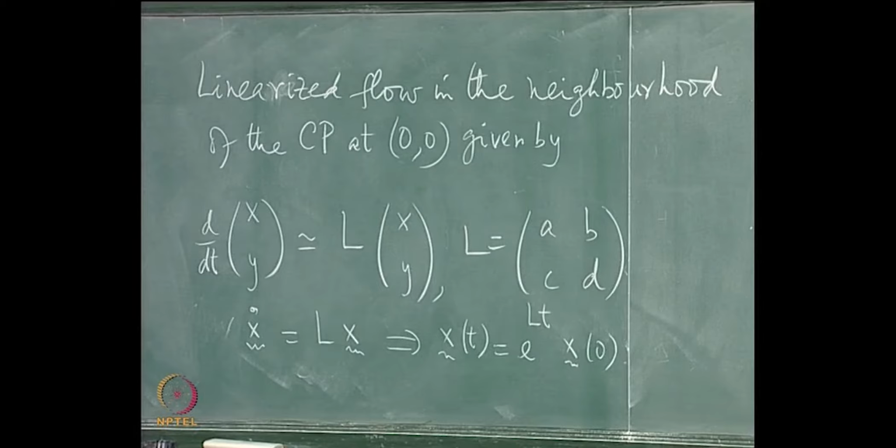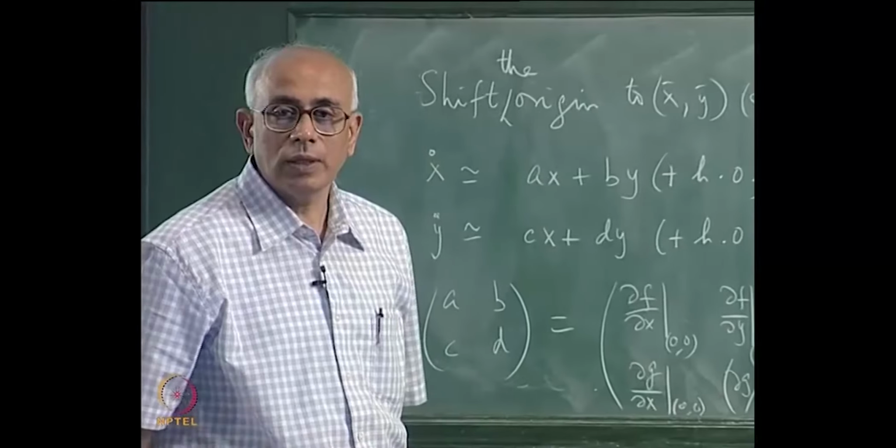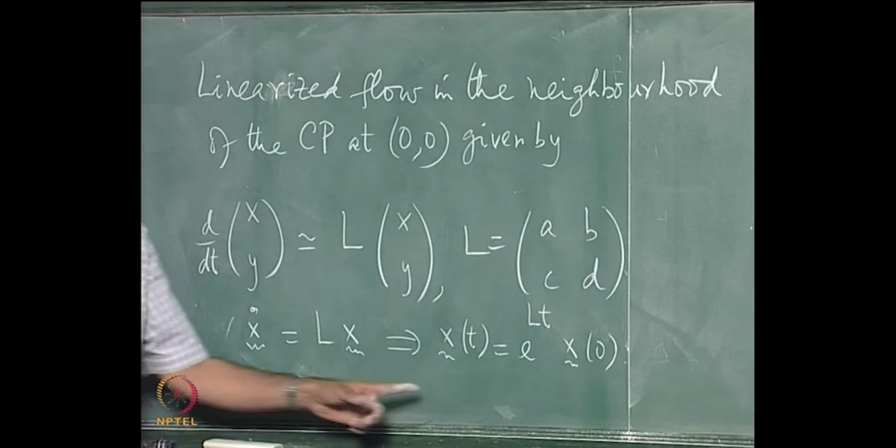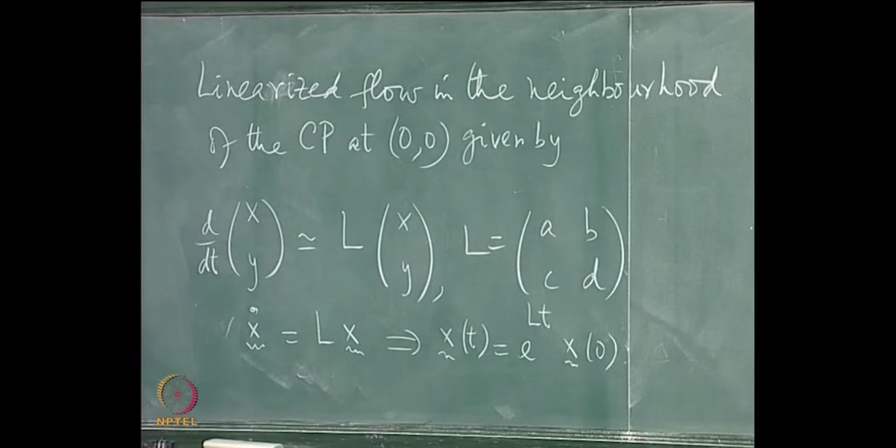So this square matrix e to the power Lt acts on the column vector of initial conditions and gives you the value of x and y at any time t. This is what the formal solution looks like. You could of course do the following, and I leave this to you as an exercise.